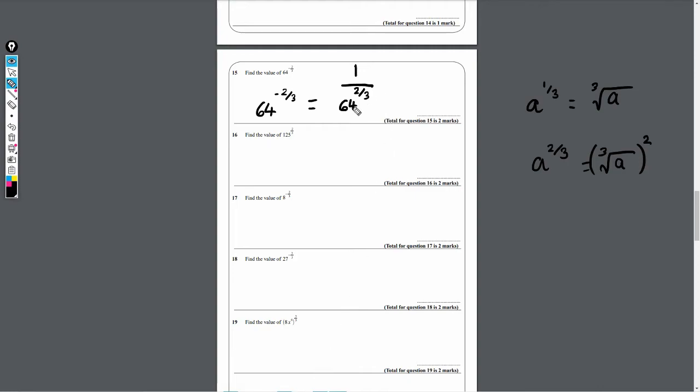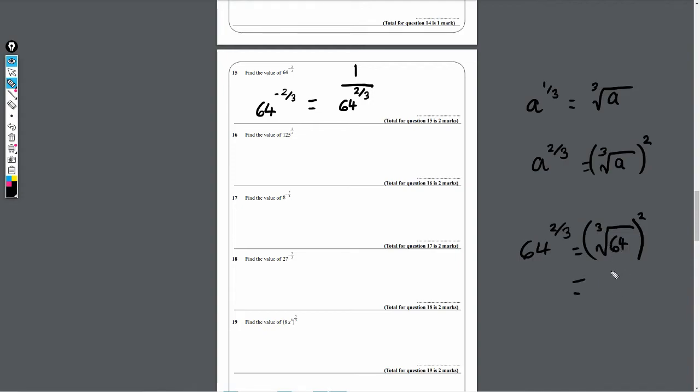Here now, we've got to evaluate 64 to the 2 over 3. So remember, what do we do first? We look at the bottom of the fraction. So because it's 3, that's what root we take. So we take the cube root of 64. And then, because the top number isn't just 1, we have to raise it to whatever that power is. So because the top number is 2, we square whatever this cube root of 64 is.